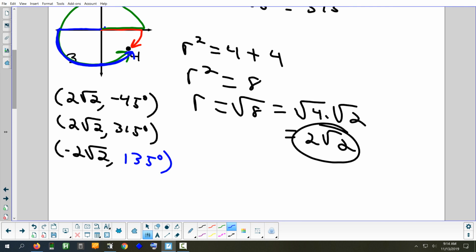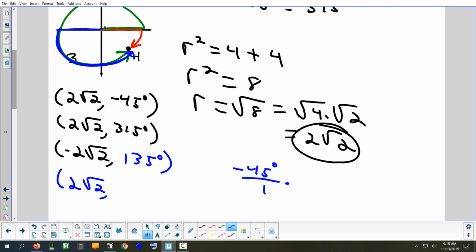Now, if they wanted this in radians, my suggestion was do it in degrees first. Because let's change one of these to radians by hand. Just the top one. The radius would stay the same, 2 square roots of 2. Now, negative 45. We always multiply by a fraction. Does anyone remember if I want to change degrees to radians, is it 180 over pi or pi over 180?